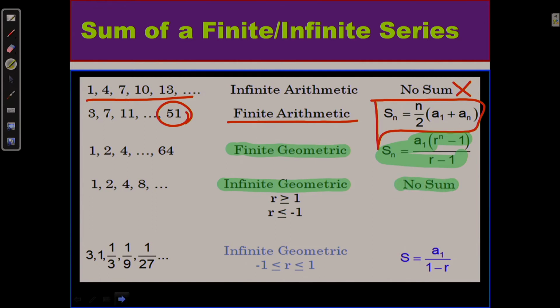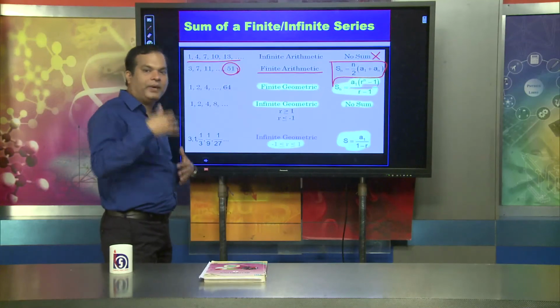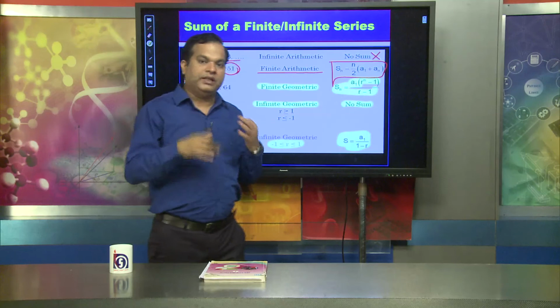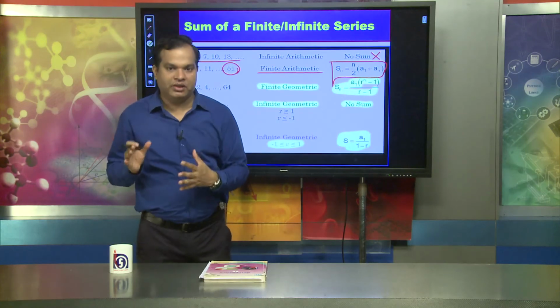But if r lies between minus 1 and 1, that means the modulus of r is less than 1, then there is the formula: S equal to a1 divided by 1 minus r. That is the very important thing, dear learners, because this is the summary of the sum of n terms in case of arithmetic progression and geometric progression.